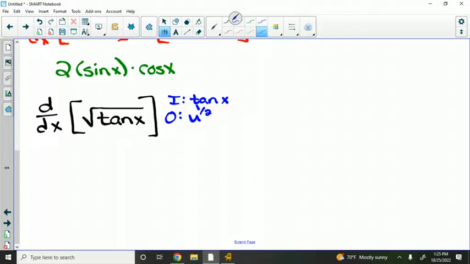And then we'll derive the outer. So bring our 1/2 down, keep the inner to the negative 1/2 power. So that's the derivative of the outer, keeping the inner, times, all right, now we got to remember tangent's derivative.